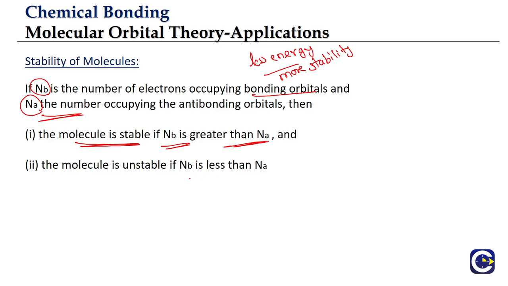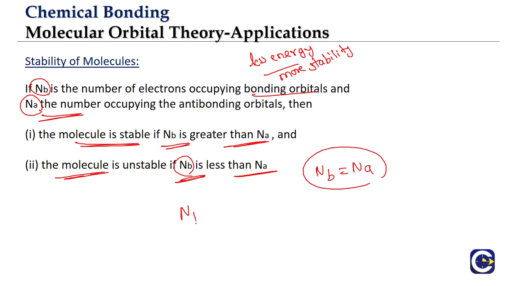If it is lesser than in anti-bonding, that molecule is unstable. Even if it is equal, we still consider it unstable.